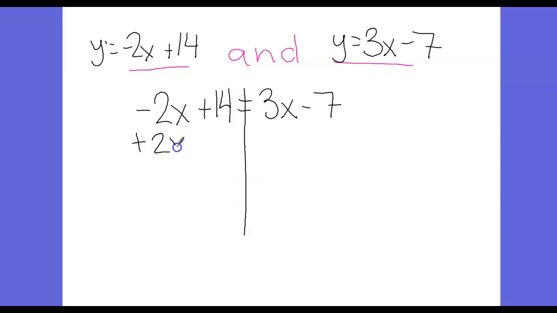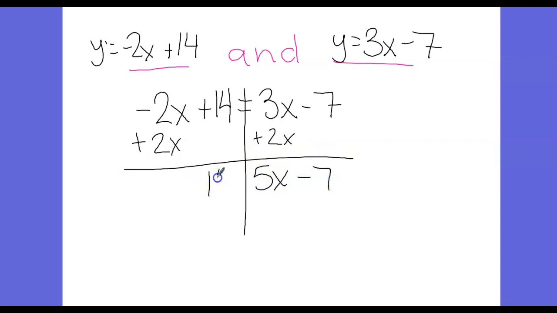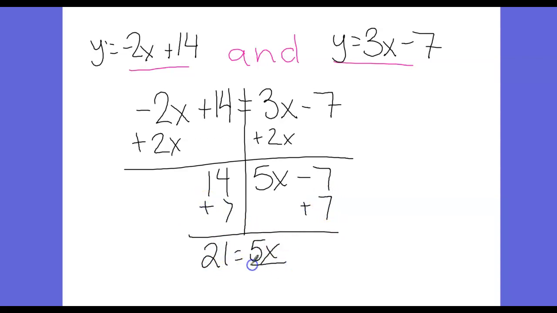I add 2x to both sides, 5x, and then add 7 to 14, and you get 21. And then you go 5x equals 21, and what would you get? You get 4.2. You are going to round to the nearest tenth.